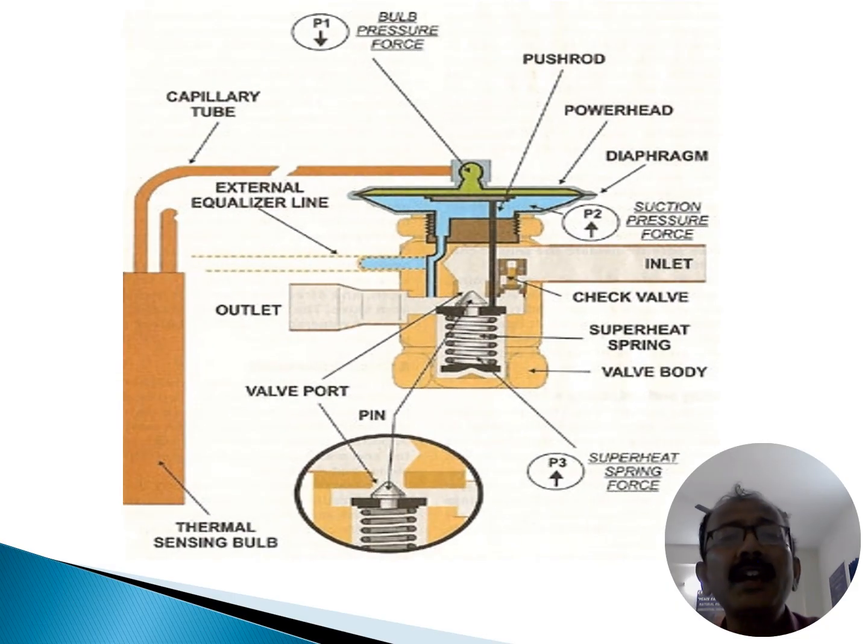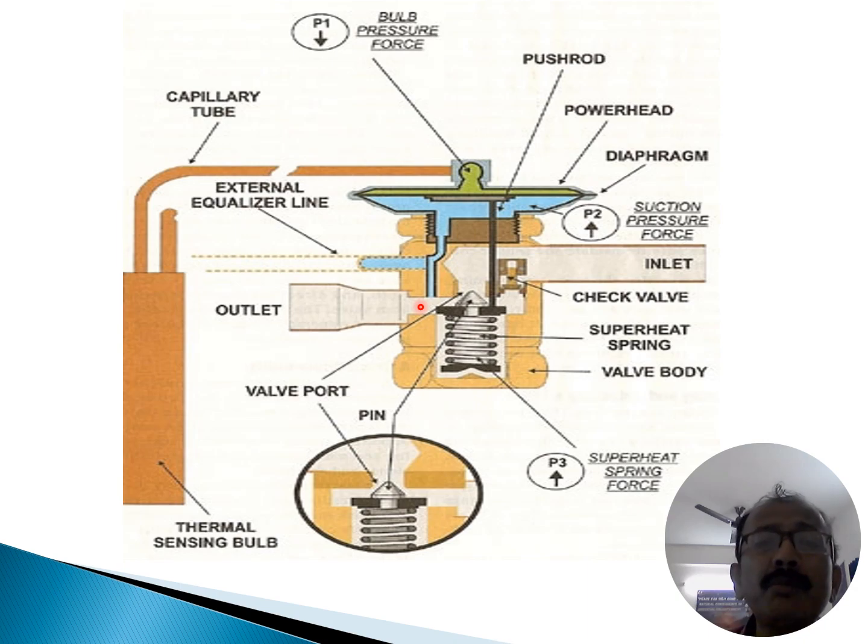In the diagram, this is the inlet where the refrigerant is entering. The refrigerant passes through a narrow gap, so there is a sudden drop of pressure. Due to the sudden drop of pressure, the temperature falls suddenly, and the refrigerant becomes very cold.